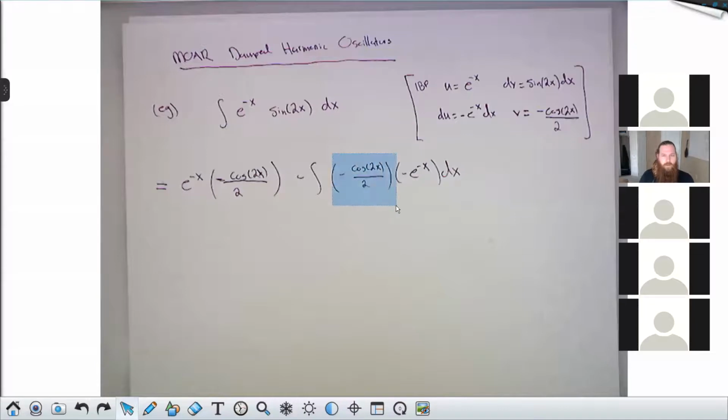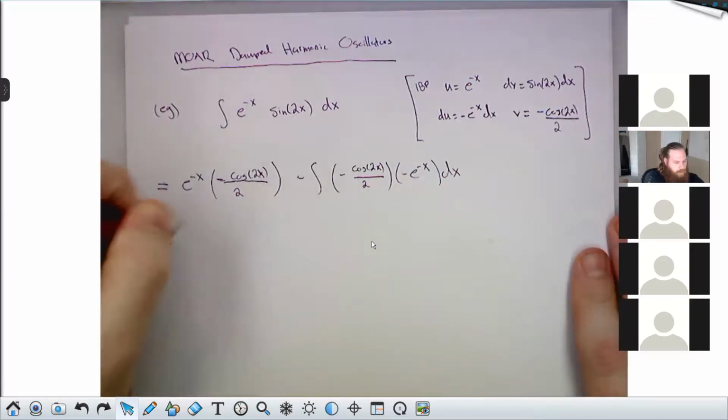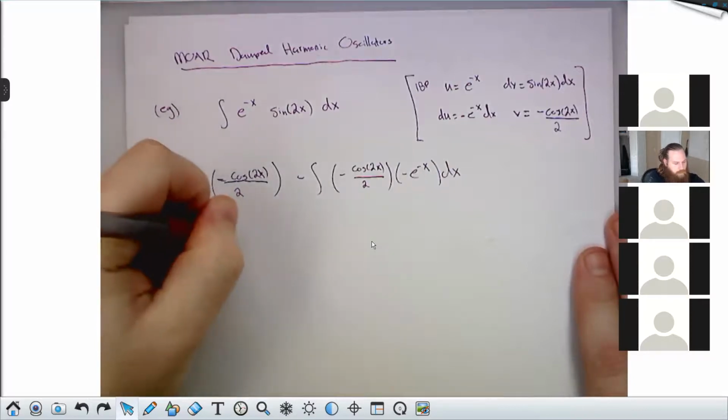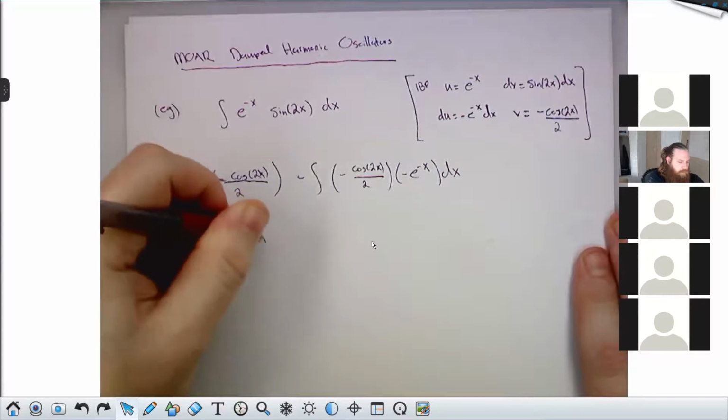Now within the integral, I've got a negative here and a negative here. So this product will be positive. And the 2 downstairs can come out front as a 1/2. It's a constant multiple. I'll also clean up the front here. This is negative e to the negative x over 2 times cosine of 2x.